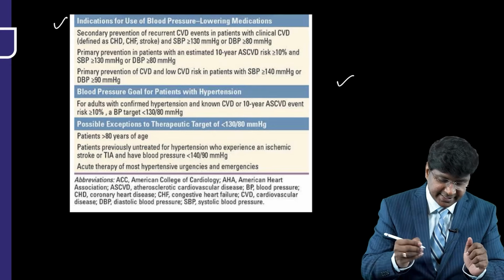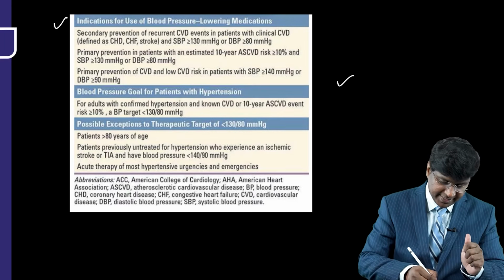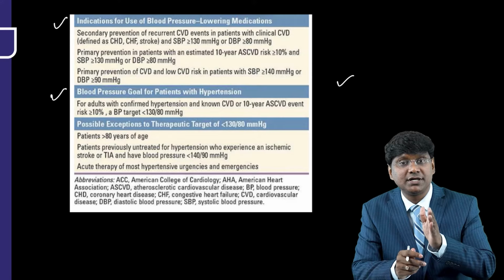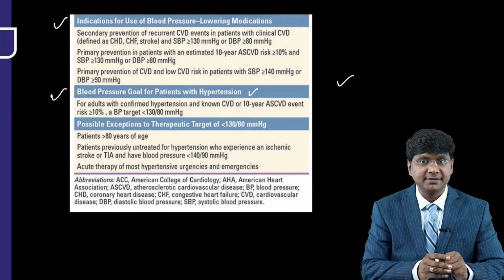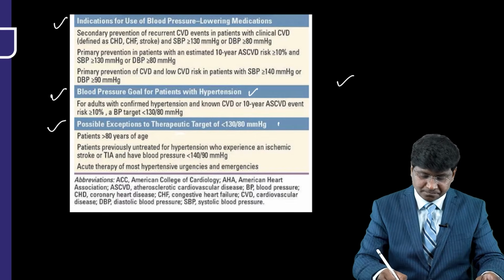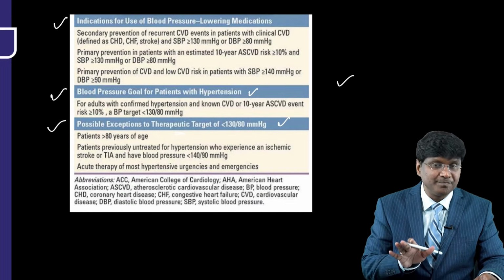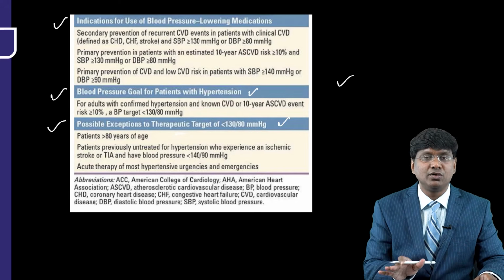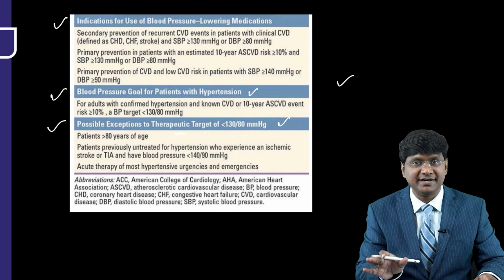First is the indications for use of blood pressure lowering medication. Number 2, blood pressure goal for patients with hypertension. Third is possible exceptions to the therapeutic goal of less than 130 by 80 millimeters of mercury. This you need to strictly follow, as given by the American Heart Association in 2017.